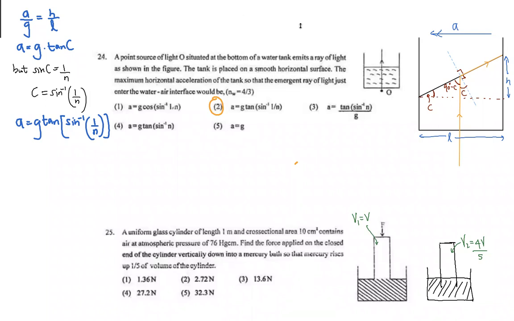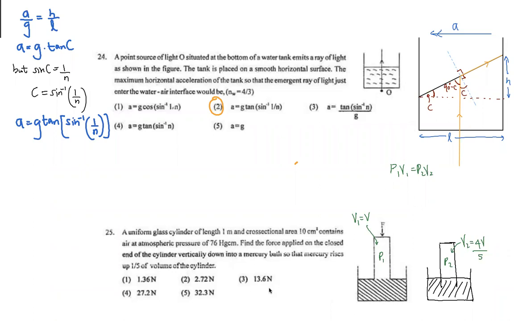Boyle's law. We'll take the pressure here as P1, atmospheric pressure, and here the pressure is P2. For these two scenarios, we can apply Boyle's law: P1 V1 equals P2 V2. What is P1? P1 is 76 centimeter mercury. Should I use that value?